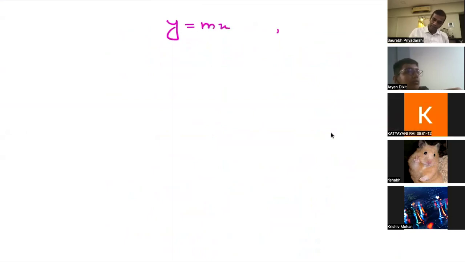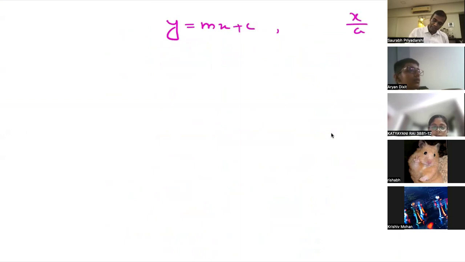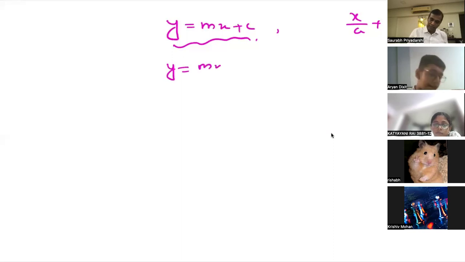If we have to draw the line, you have to think in two ways, right? First is the y equal to mx plus c form, and second is the x by a plus y by b equal to 1 form. Here it is given in the form y equal to mx, since c is 0. M is the slope of the line and c is the intercept. The intercept is 0.